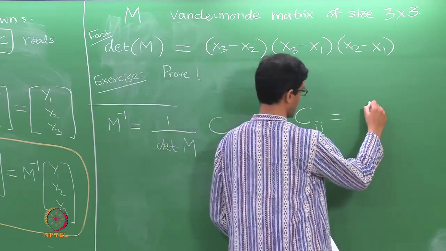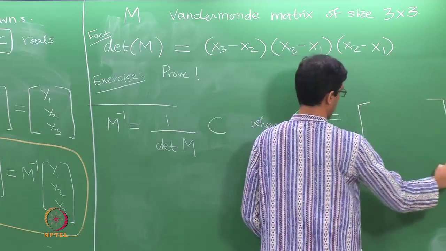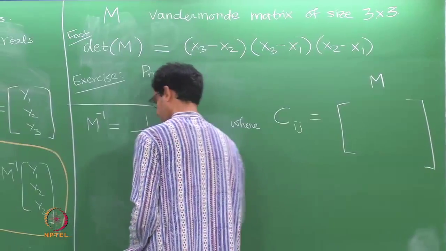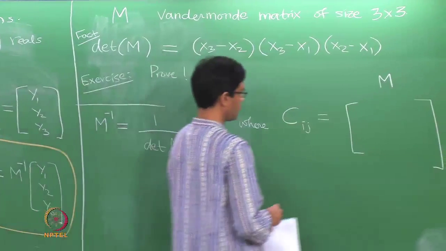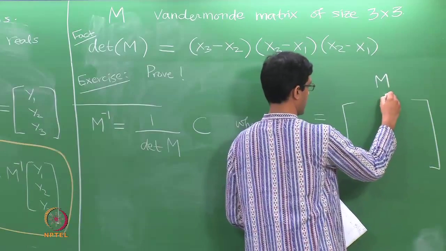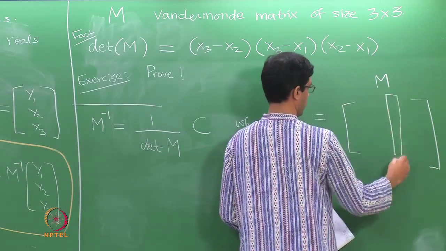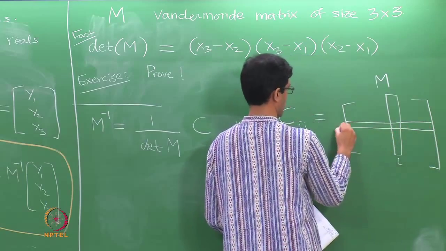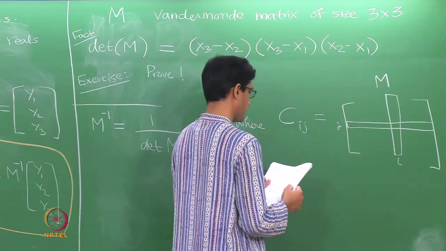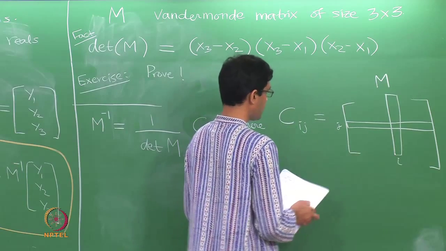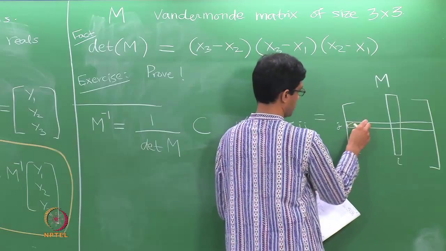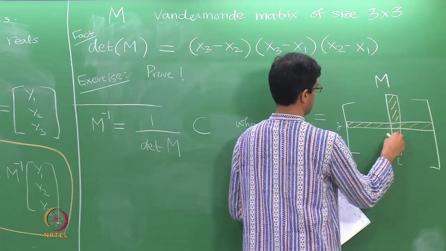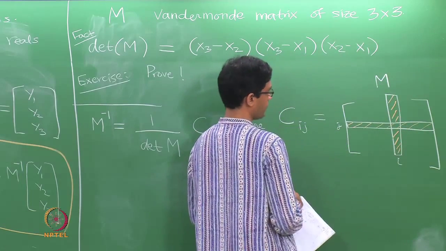You take the matrix M itself, and you look at the ith column of M and the jth row of M, and you remove both of these from M.